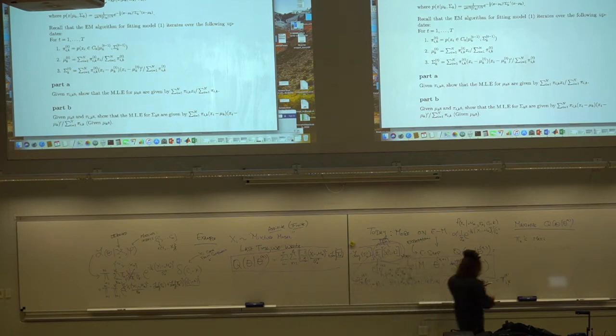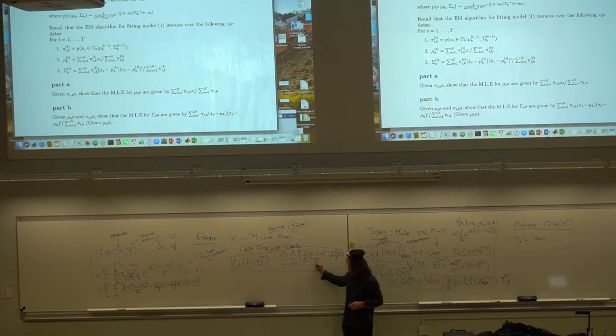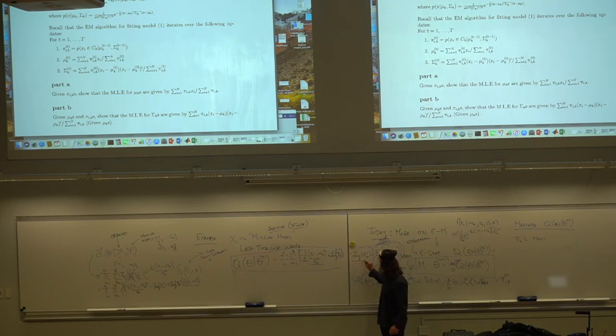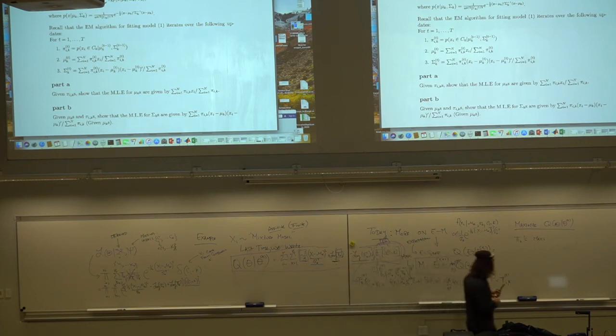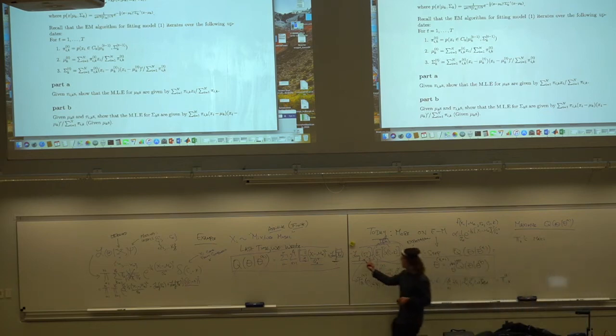So if I'm looking at Q in all of this, and I start taking derivatives with respect to pi, this part right here doesn't have any pi. So as soon as I hit it with the first derivative, it goes to 0. No pi's there. Same thing over here. And the only part of my equation that is going to have any impact is this part. So if I want to maximize Q over the pi's, I can just get rid of all of this stuff right here.